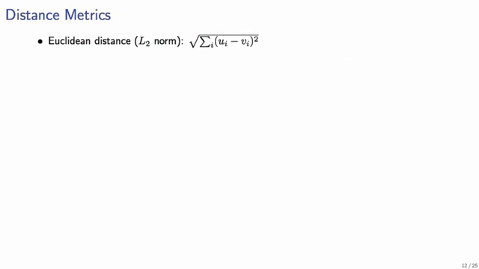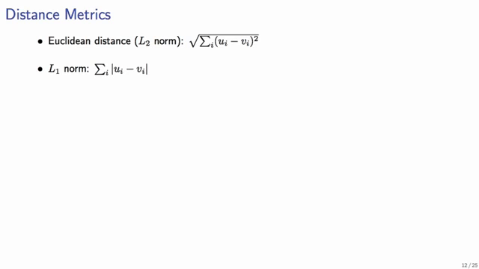The second setting that we need to consider in k nearest neighbor concerns the distance measure, and therefore defines what nearest means. There are many distance metrics that we could use, and here are a couple of them. The Euclidean distance, or L2 norm, is the square root of the sum over the squared differences in each dimension.